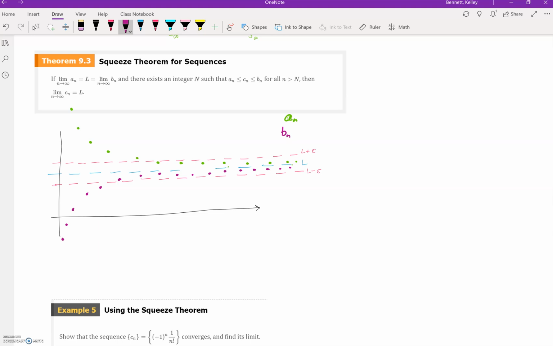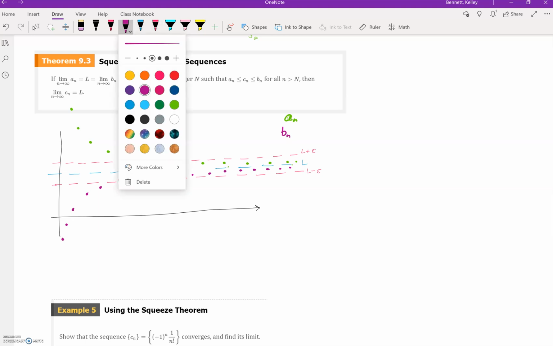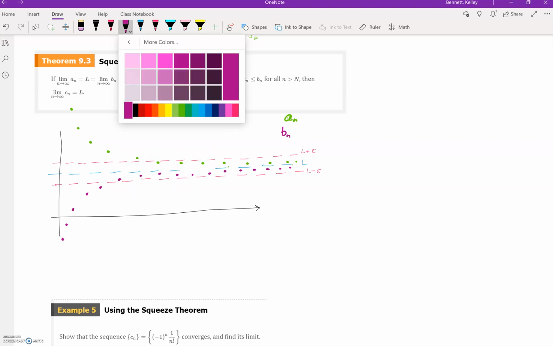So we have these two sequences that both converge to L, but they're different sequences. And then what the squeeze theorem says is that if you have a third sequence, so maybe we'll call it, oh, what color should you be? How about a bright red or something?